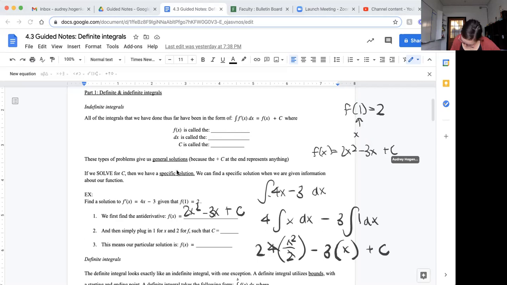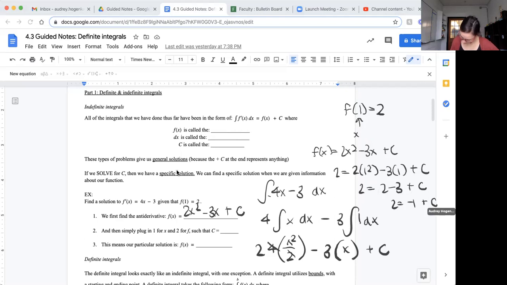And now we want f of 1 to equal 2. So 2 is equal to 2 times 1 squared minus 3 times 1 plus c. So 2 is equal to 2 minus 3 plus c. 2 minus 3 is negative 1, so 2 equals negative 1 plus c. I'm going to add 1 to the other side, so I get 3 is equal to c. So c is equal to 3.